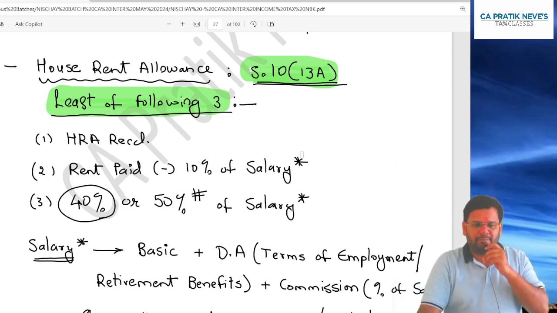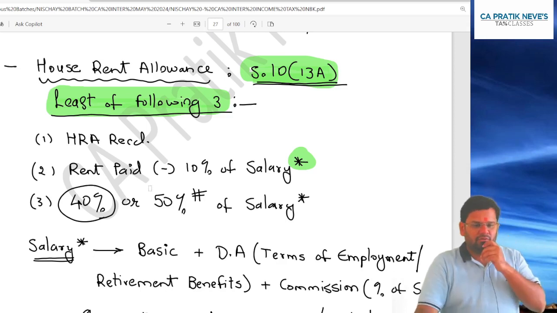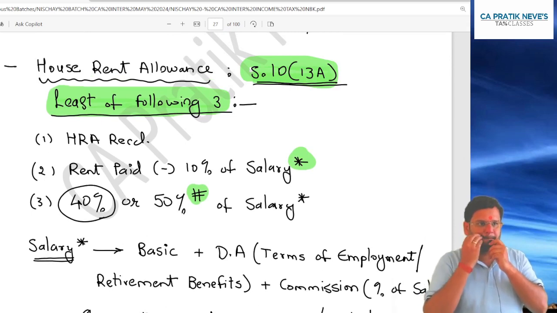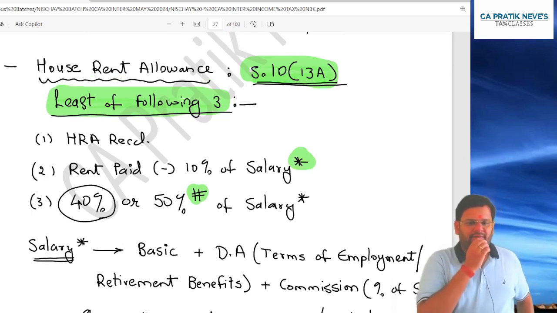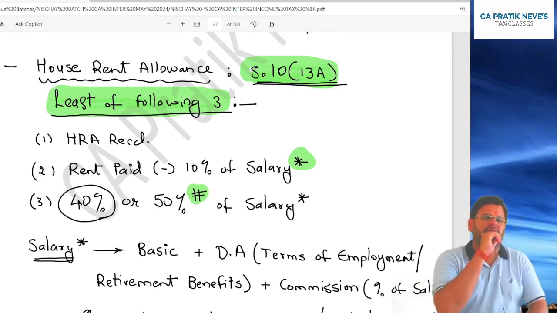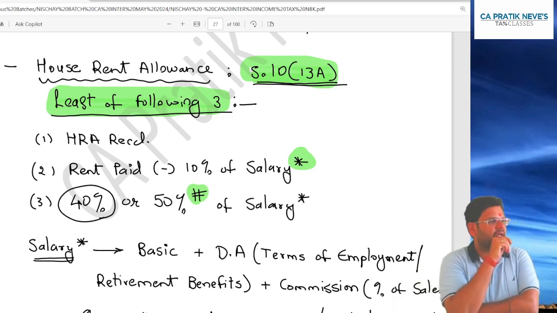For salary, I am putting asterisk. And third is 40% or 50% of salary. I am putting a hashtag on 50%. HRA received, rent paid minus 10% of salary, 40 or 50% of salary.